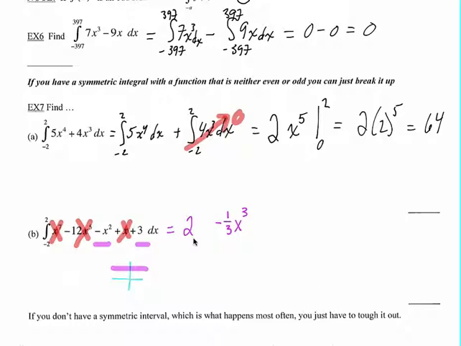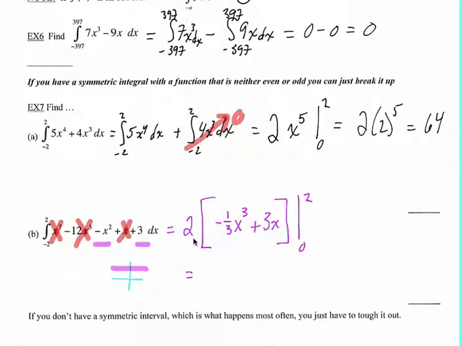I'm taking the antiderivative. So it's going to be 2 times the antiderivative, and the antiderivative of negative x squared is negative 1/3 x cubed, plus 3x, and we are going to take all of this from 0 to 2.